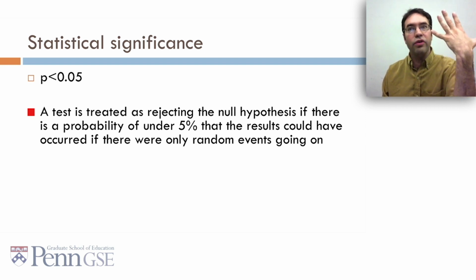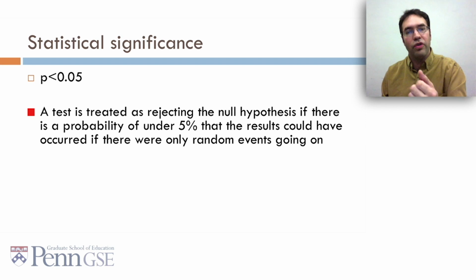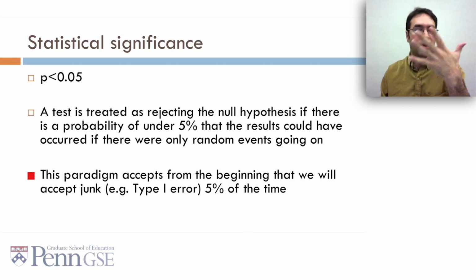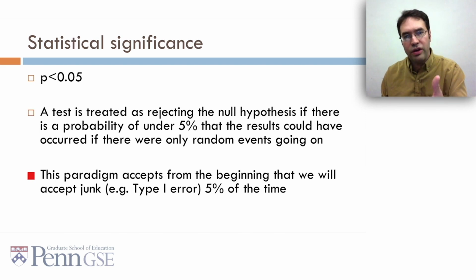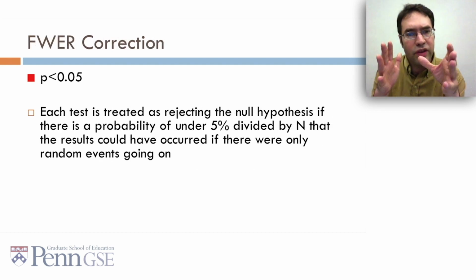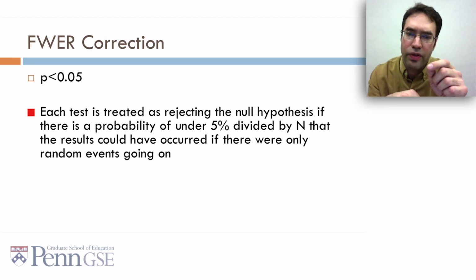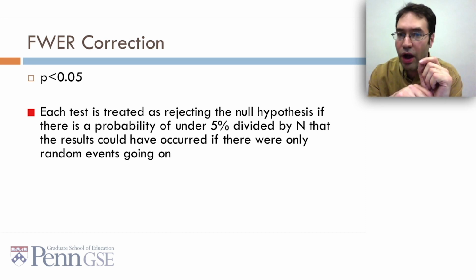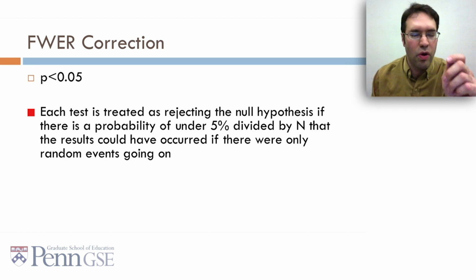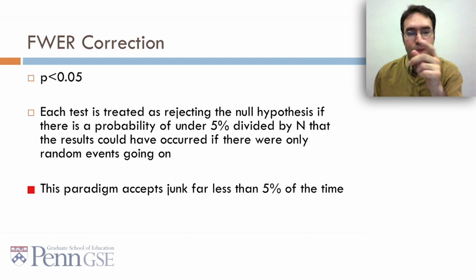So in other words, if there's just junk, what's the probability you'd see the result you saw? And this paradigm accepts from the beginning that we're going to accept junk, also called type 1 error, 5% of the time. By contrast, the FWER correction says that each test is treated as rejecting the null hypothesis if there's a probability of under 5% divided by n that the results could have occurred if there were only random events going on. And this paradigm accepts junk far less than 5% of the time.